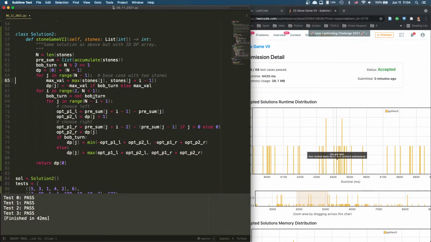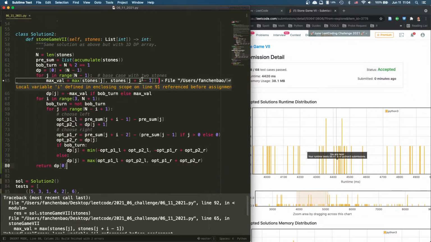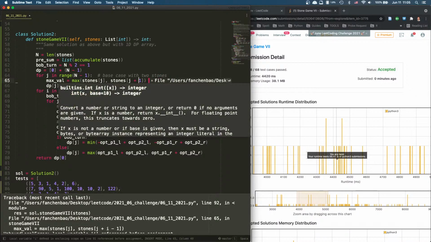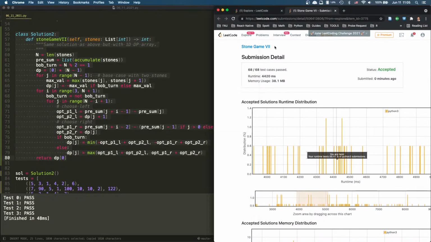Base case with 2 stones, and this is going to be from 3, right? From 3. We change the turn. We go left and right, and then I think this one, I before. Okay, this is not i. This is just going to be j plus 1. Yep. So this is solution 2 with one array.